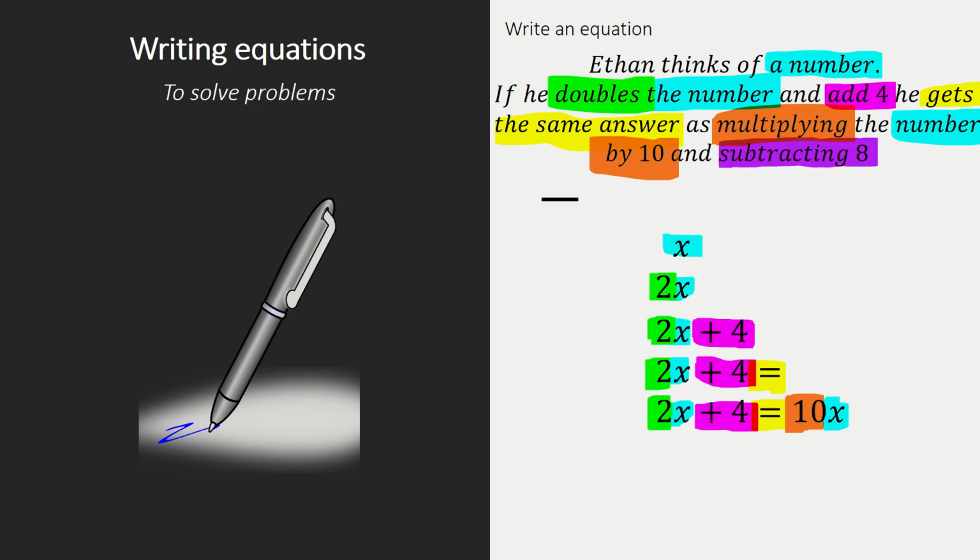And subtracting 8. Subtracting was a different word for minus, so we're going to subtract 8. What we get is 2x plus 4 equals 10x minus 8. And this is how we translated Ethan's thinking into an equation.